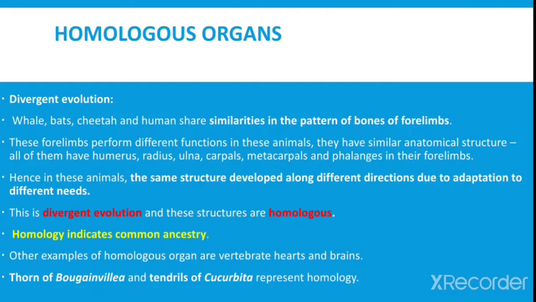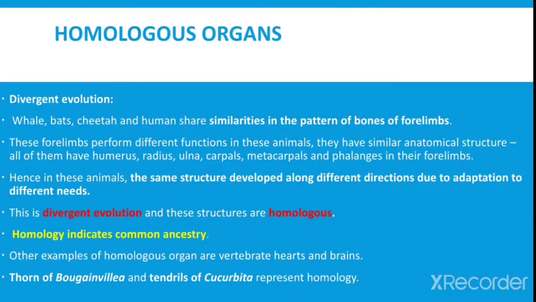That is, all of them have the various bones like humerus, radius, ulna, carpals, metacarpals and phalanges. Hence, in these animals, the same structure developed along different directions due to adaptation to different needs.